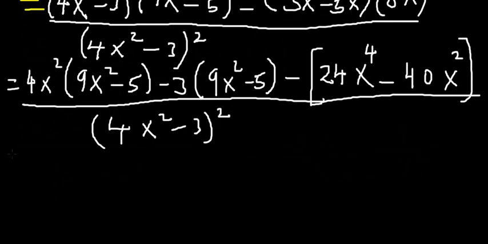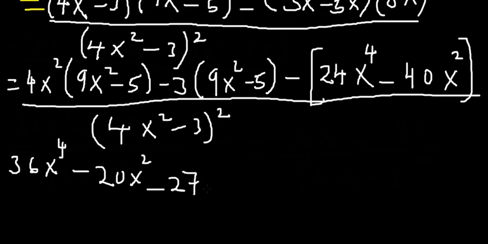So in the numerator, we're going to have 36x to the 4th power minus 20x squared, and then minus 27x squared, and then plus 15.